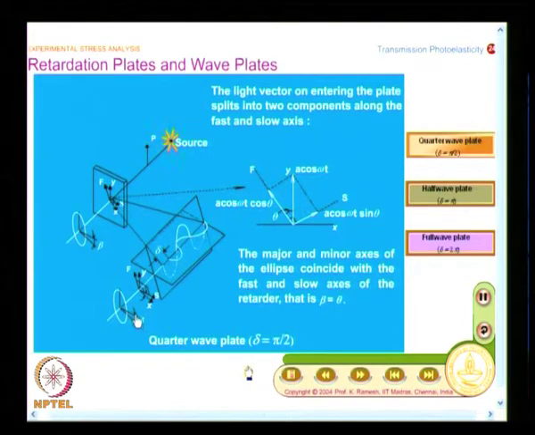This beta will coincide with theta. Whatever I have shown as beta, it will coincide with theta. The major and minor axis of the ellipse coincide with the fast and slow axis of the retarder. So, what you get is beta equal to theta.